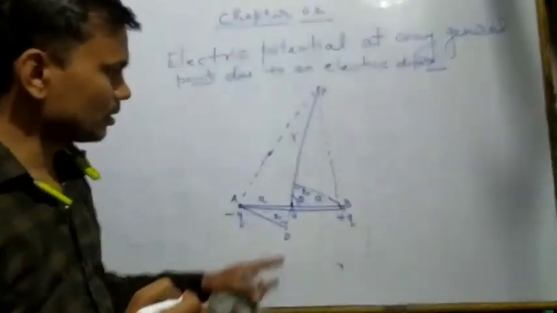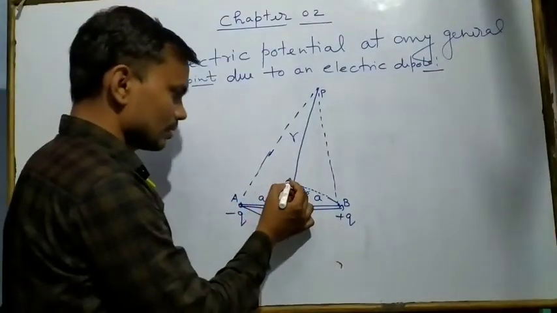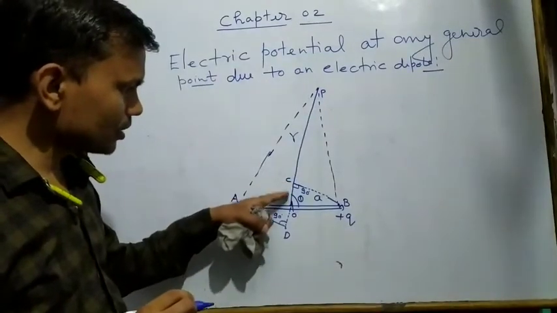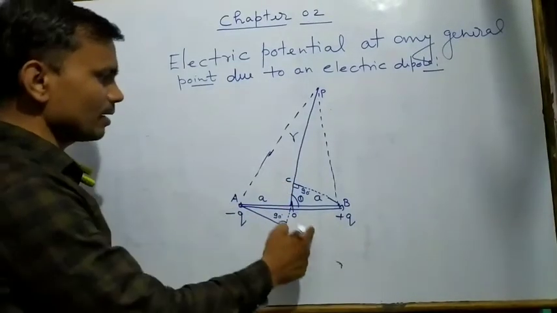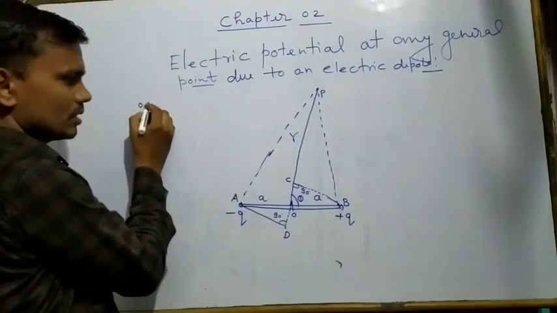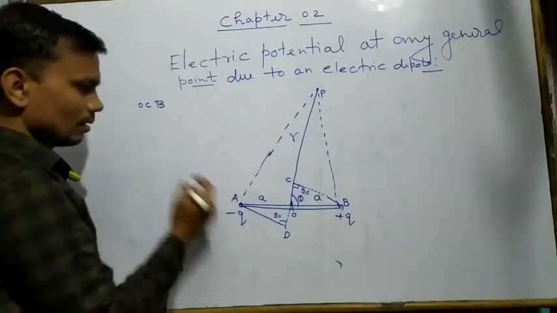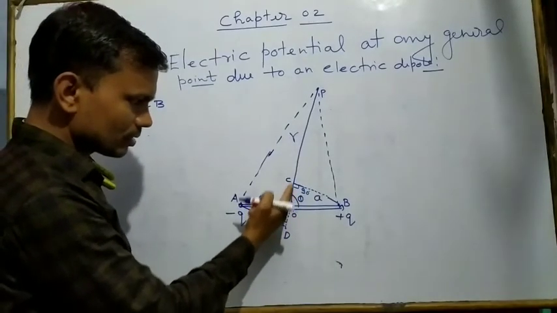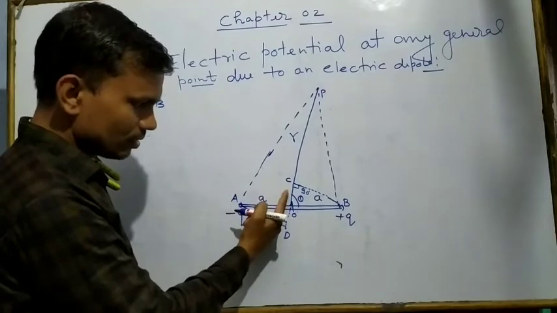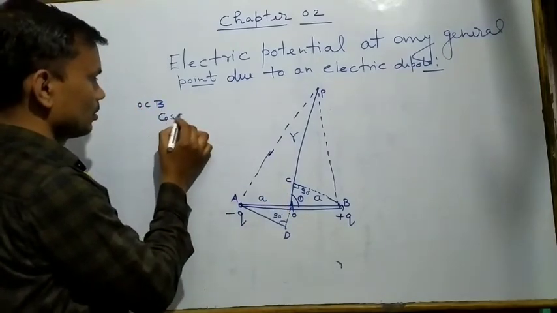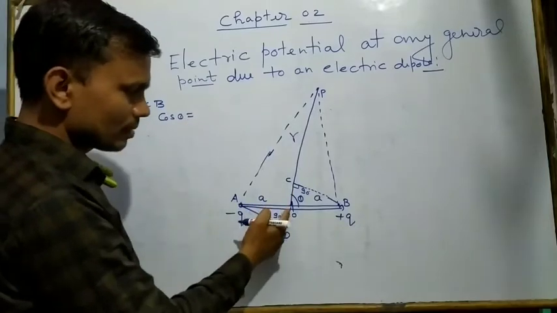Suppose this point is C, and then this is D. Now if you want to calculate OC, in the right angle triangle OCB we want to find this base, so cos theta equals base upon hypotenuse.